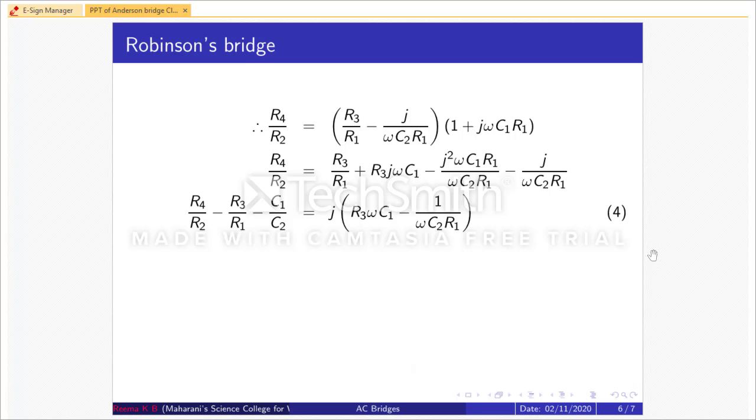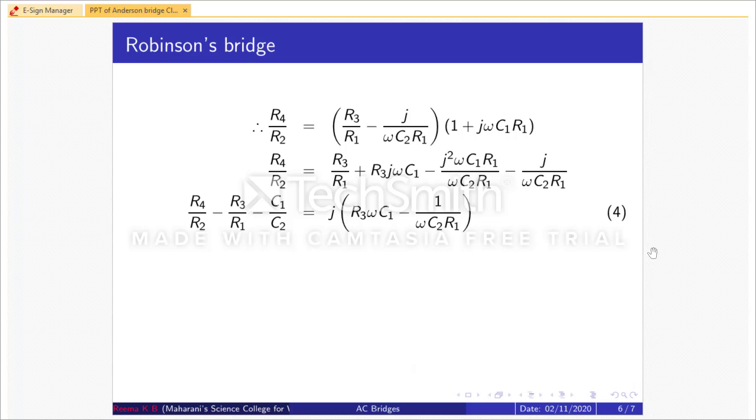R4 by R2 is equal to R3 by R1 plus R3 j omega C1 minus j square omega C1 into R1 divided by omega C2 into R1, minus j by omega C2 R1.